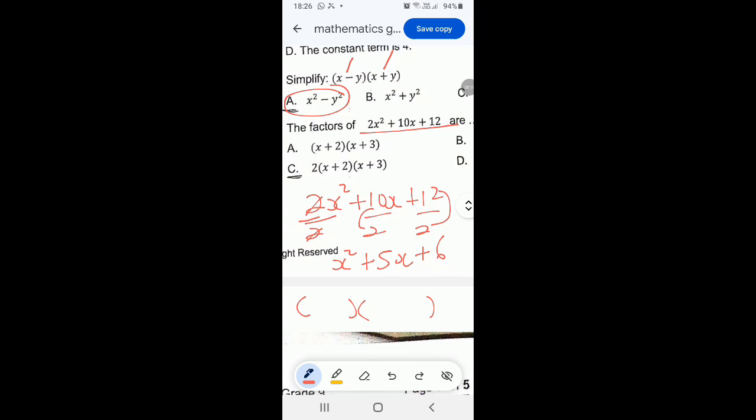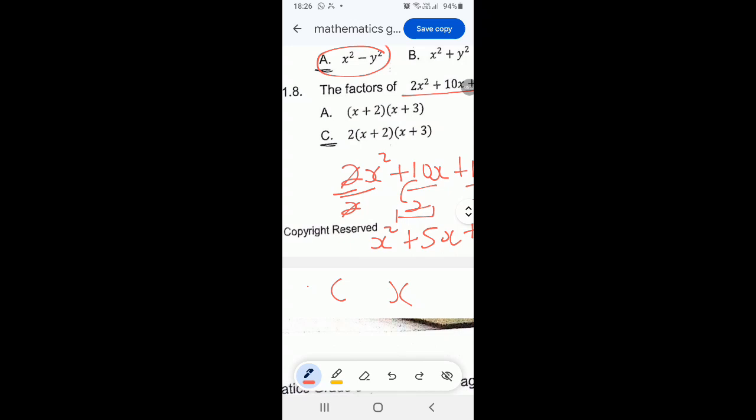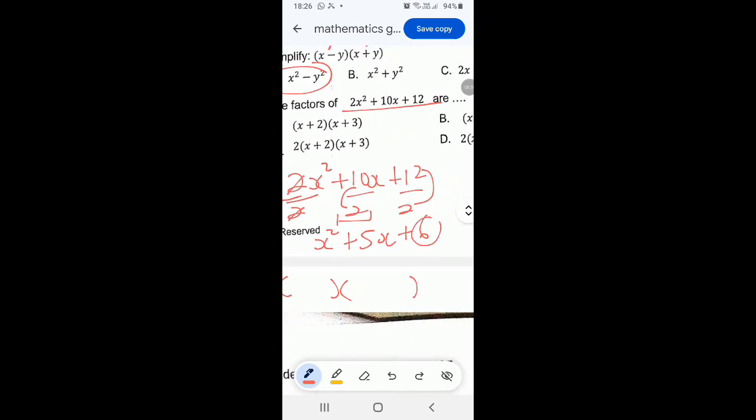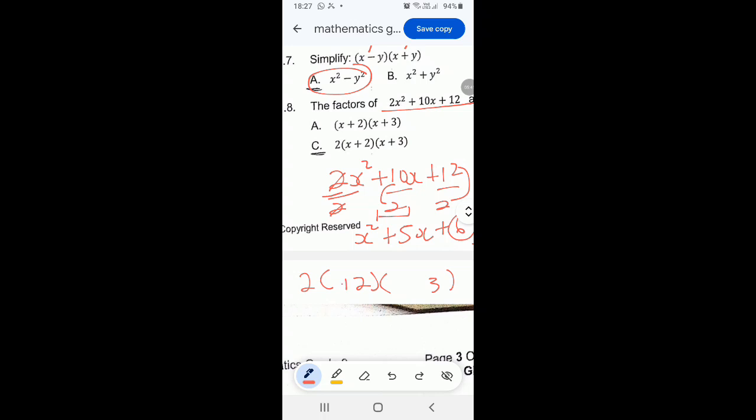Remember the 2 that we used to divide? We put it outside. Let's look at the factors of 6. We have 3 and 2. When we multiply 3 and 2, we get 6. So these are our factors, and they are both positive. Now our answer must look like this. So our answer is C.